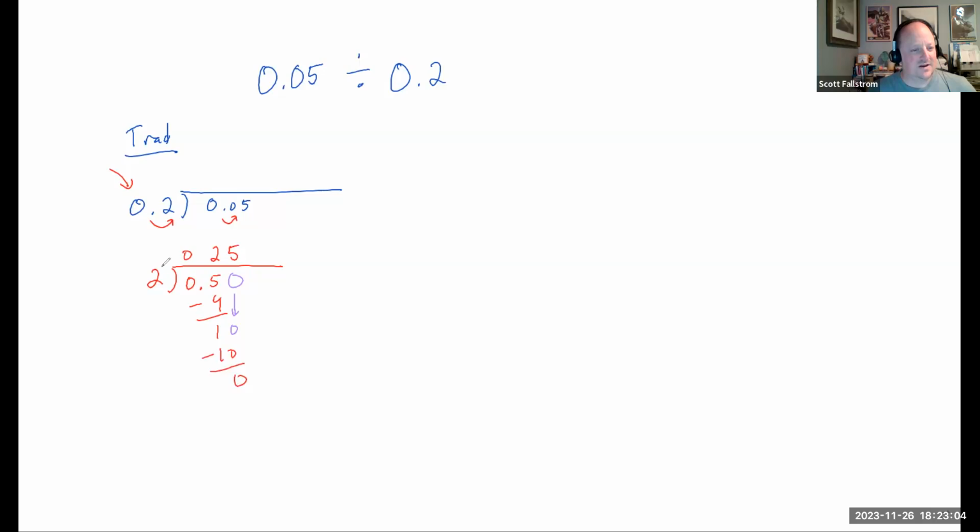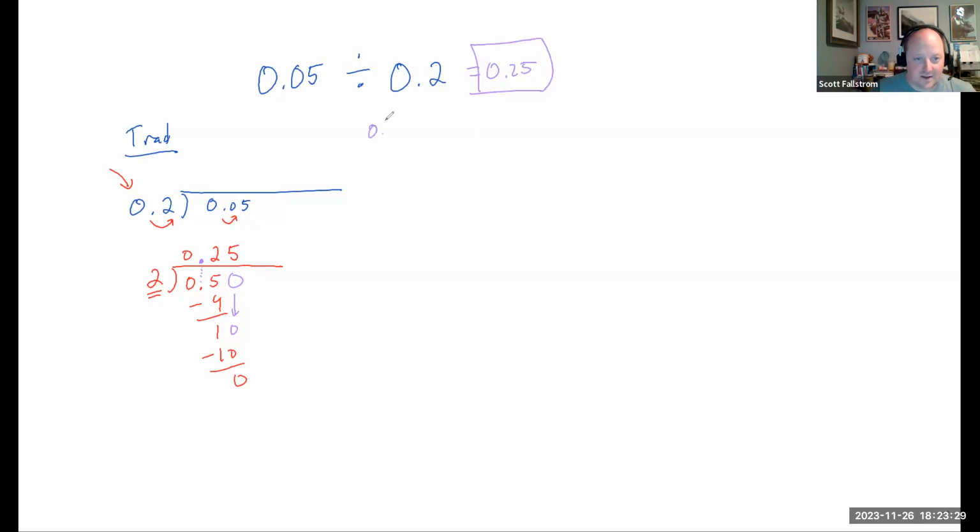Now this is where we have to think about it. These place values, this was whole groups, so they had to match up, which means that the decimal place has to be located right above where the decimal place is. So if you do this move it over technique, it's always going to line up like this. So this would equal 0.25.